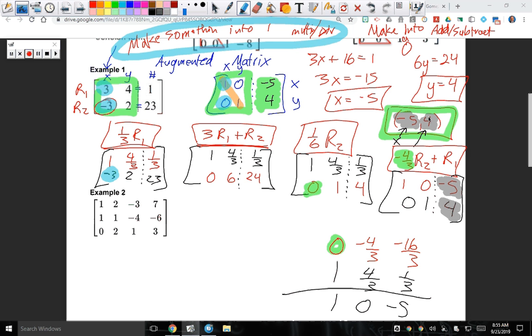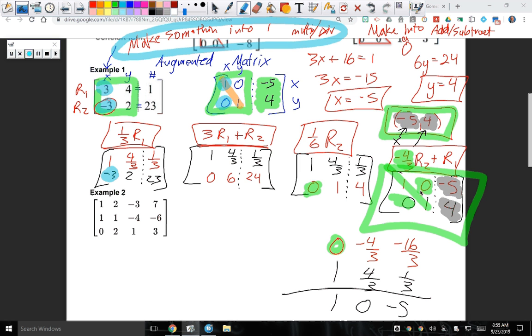And we know we can stop right here because my diagonals of 1 with my surrounding zeros have been completed. And now I know that that is my final answer. Yes? When you're writing R2 plus R1, the only thing we change is the first one that comes up?